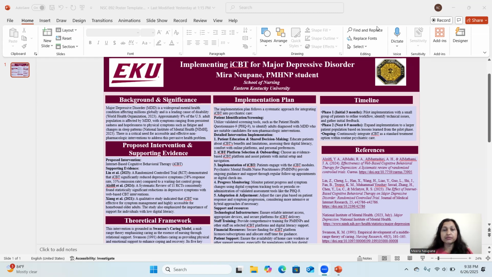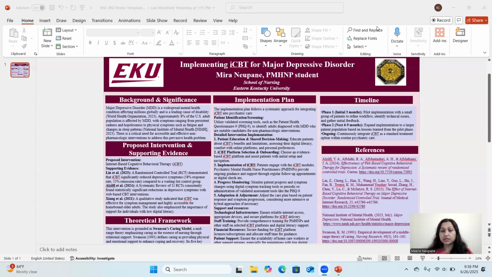The National Institute of Mental Health says approximately 8% of the US population is affected by major depressive disorder, with symptoms ranging from persistent sadness and hopelessness to physical symptoms such as fatigue and lack of sleep.